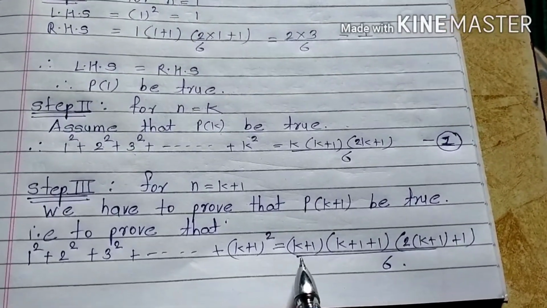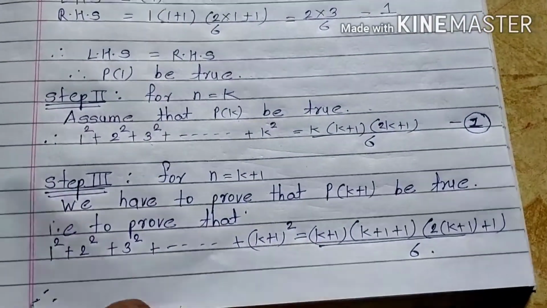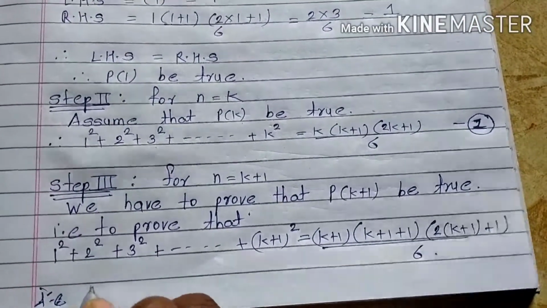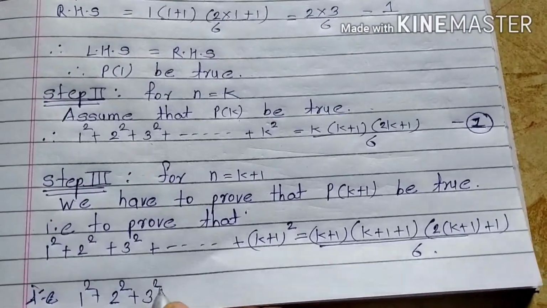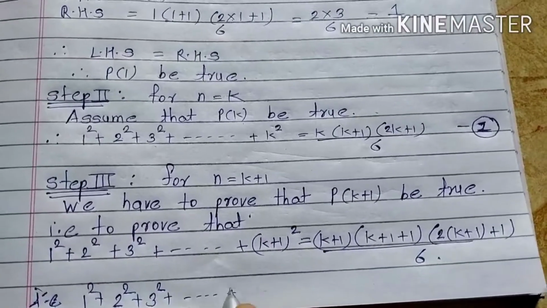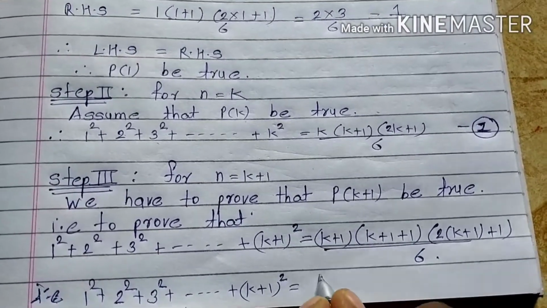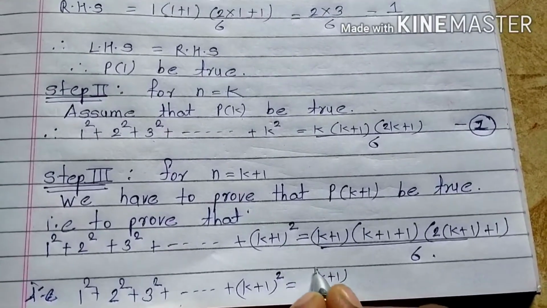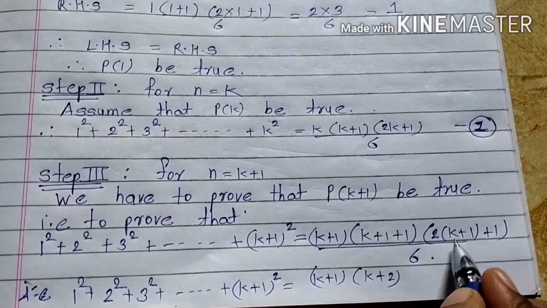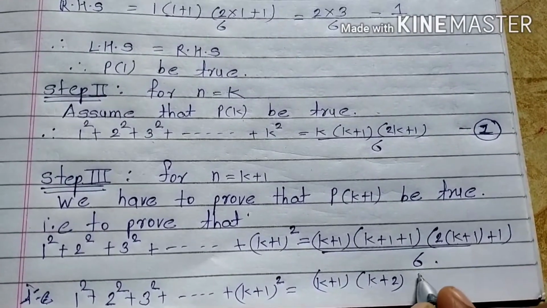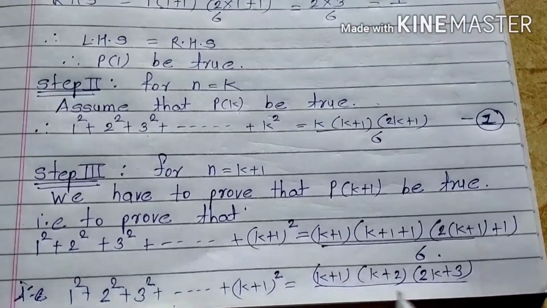So therefore that is 1 square plus 2 square plus 3 square up to k plus 1 square, which is equal to k plus 1 into k plus 2 into 2k plus 2 plus 1, means 2k plus 3, upon 6.